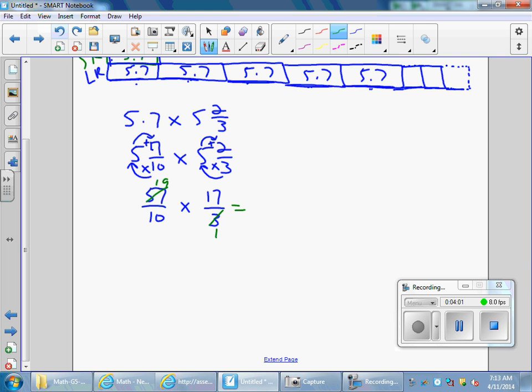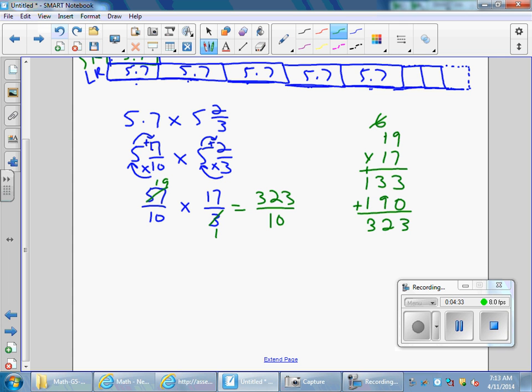Now, I'm going to do 19 times 17. Got to do that on the side. Can't do that in my head. 7 times 9 is 63. 7 times 1 is 7, plus 6 is 13. 0 placeholder. 9 times 7 is 63, 1 times 9, add is 323. 323 divided by 10.